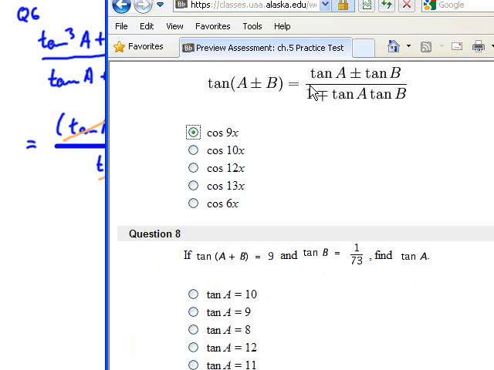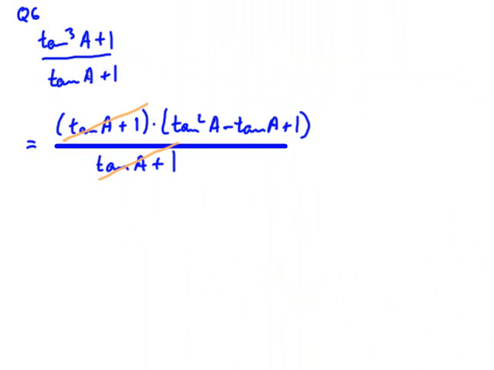Tangent a plus b equals this stuff here. And one of these here I'm going to write down as tangent b, 1 over 73, and the left hand side I will eventually write down as 9. So that's what I'm going to do. Again, I need to push out of the way so I have space.